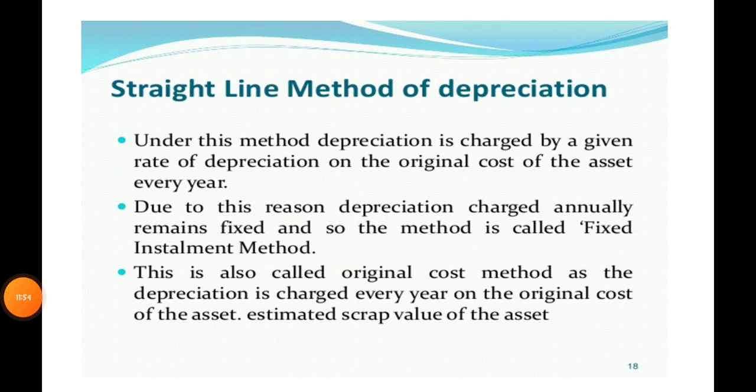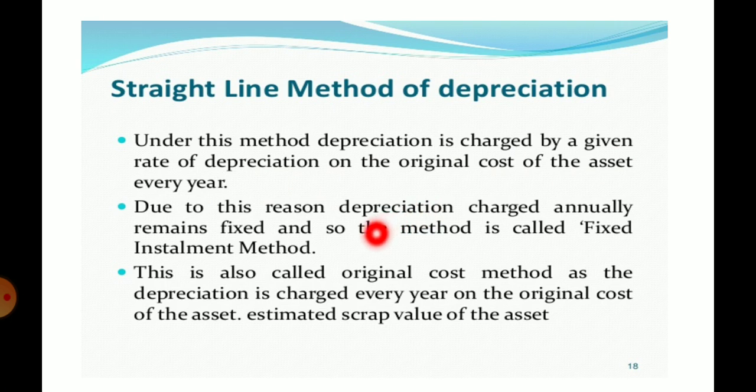Now, the first and foremost method of depreciation is the straight line method. Under this method, depreciation is charged at a given rate of depreciation on the original cost of the asset every year. It means you calculate the amount of depreciation only one time, and till the value of the machine goes to zero, you charge the same amount of depreciation.